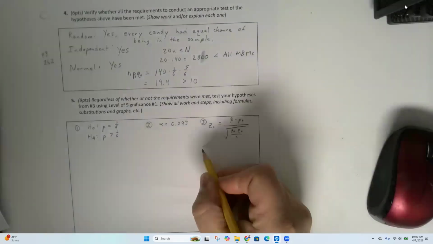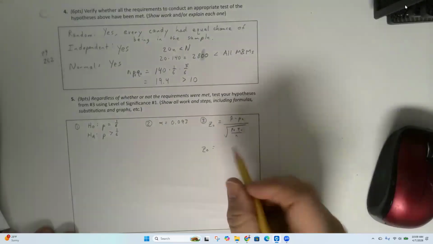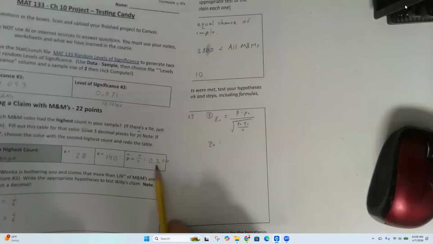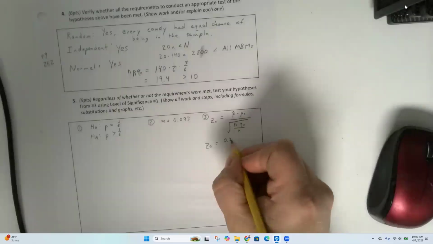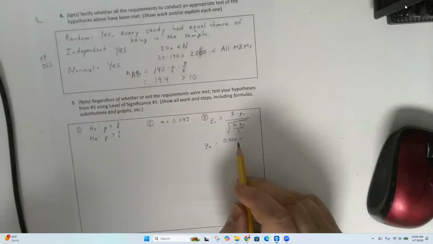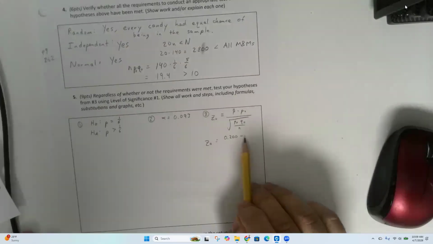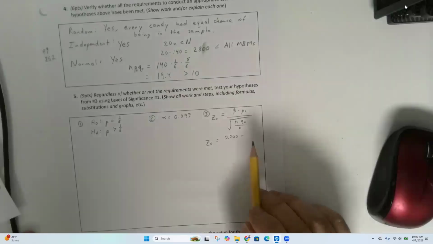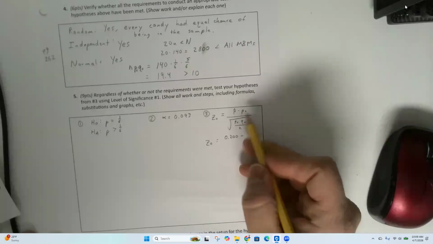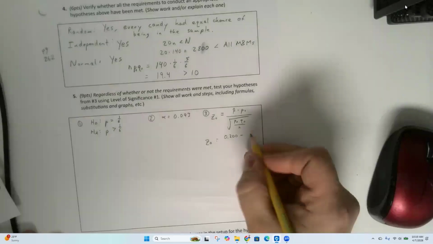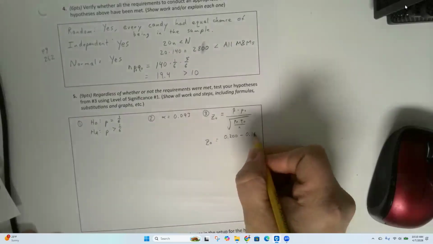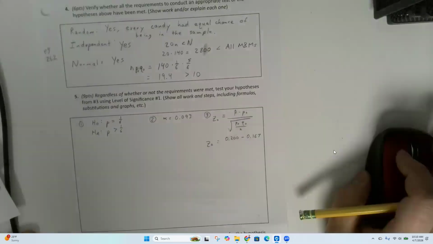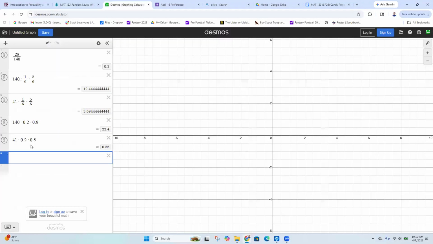All right, so now we're going to substitute in our numbers. My P hat was 0.200. P0, what's P0? I'll ask you guys. P0 is 1/6. Now, I'm not going to write it as 1/6 because then I have fractions inside of additional fractions and it would melt my brain. I'm going to write it as a decimal, 0.167. 1 divided by 6 is 0.166.